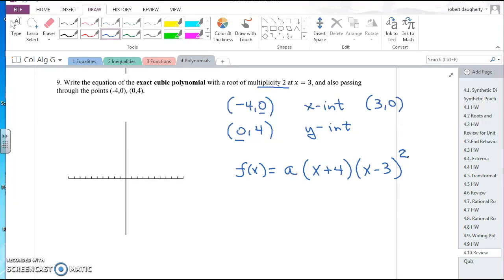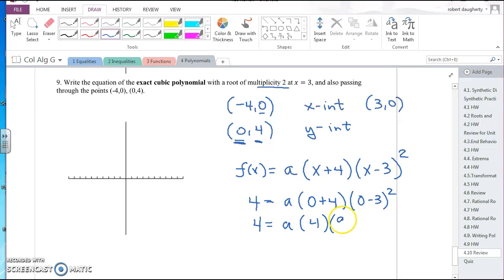Now what they told me was it goes through the point 0, 4. So when you substitute x equals 0, you're going to get a 4. So 4 has to equal what happens when I plug in a 0. Okay, so when I plug a 0 into this equation, 4 is equal to a times 4 times 9.